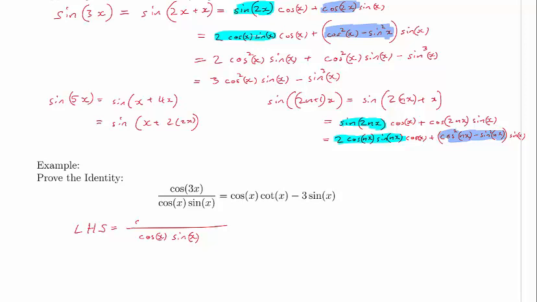We have cosine of 2x plus x. And then we use the angle sum this time for cosines. Cosine 2x times cosine x minus sine 2x sine x.